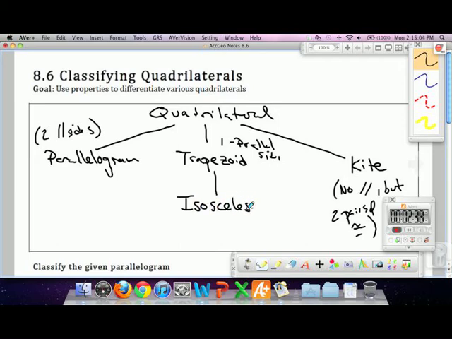We said those were ones that had this general shape, where we had parallel bases and congruent legs. It's a general picture here.